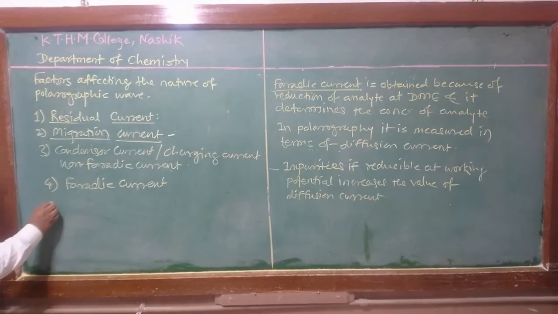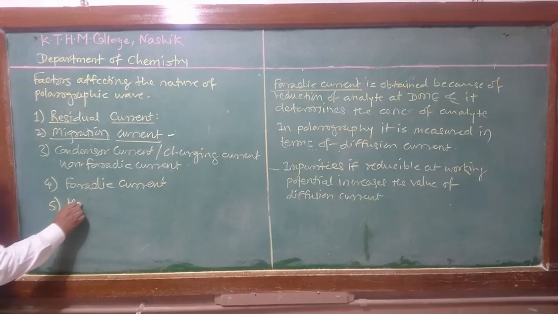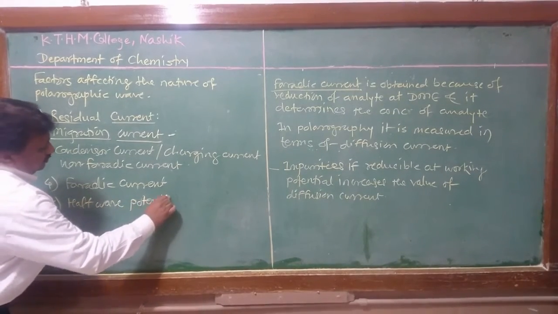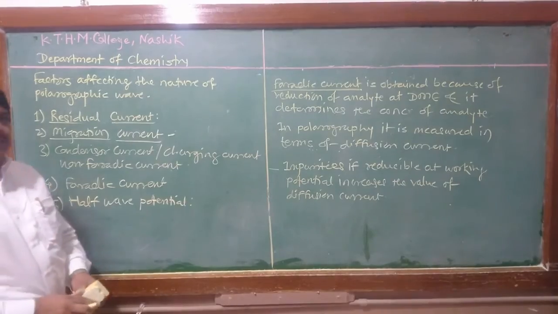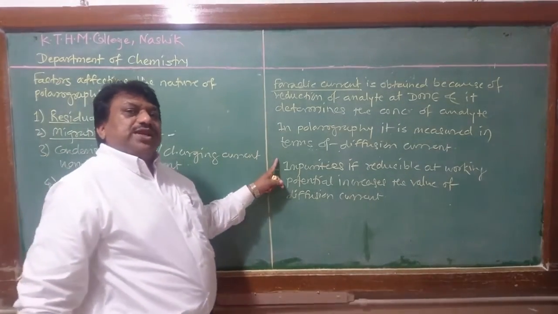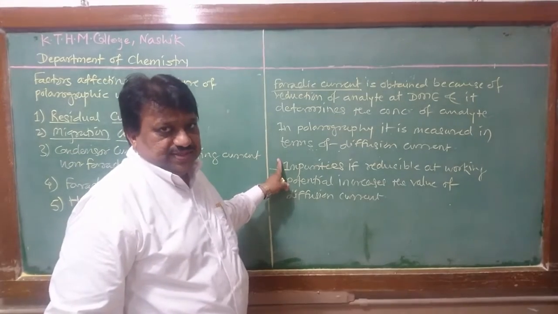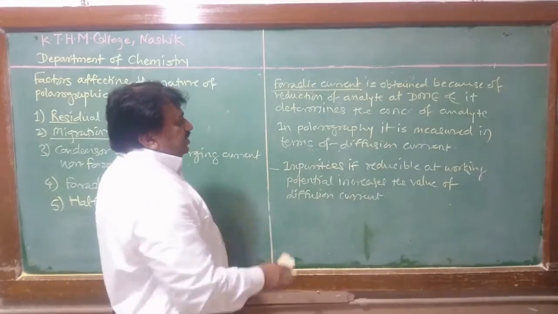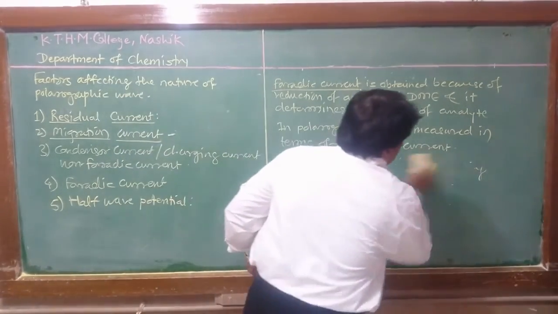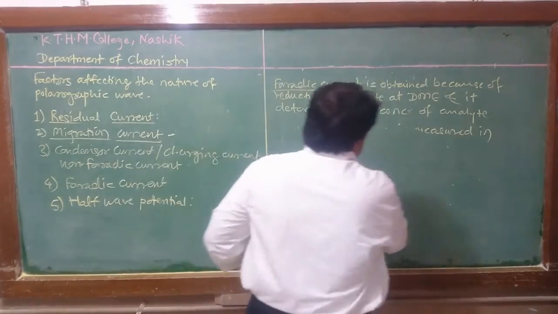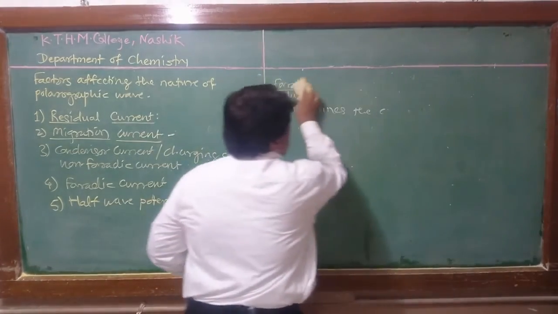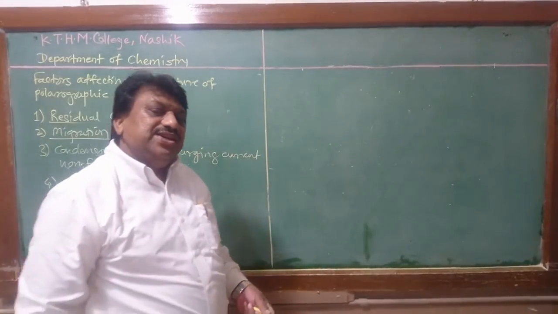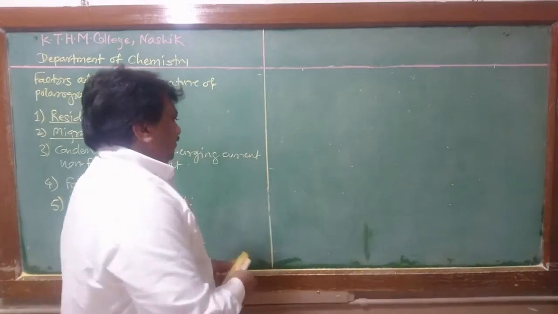Next factor that determines the nature of polarographic wave is the half wave potential. Half wave potential is the potential at half of the diffusion current, and half wave potential is the identity of the substance. Therefore, half wave potential directly determines the nature of the polarographic wave, and this half wave potential is largely affected by the concentration of supporting electrolyte or presence of complexing reagent in the analyte solution.